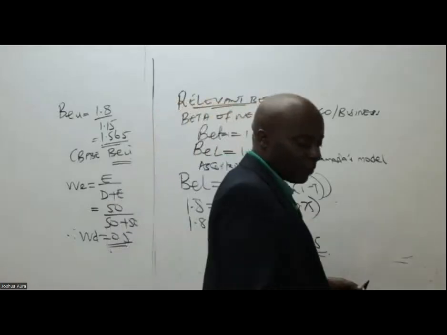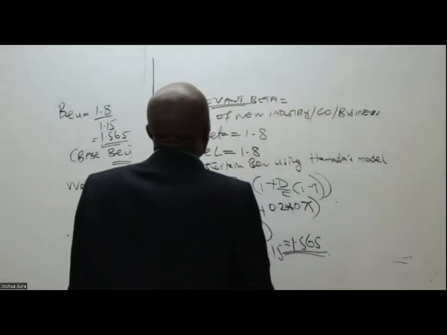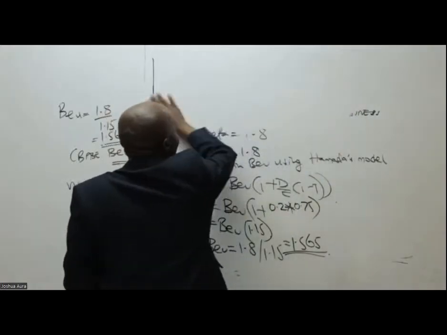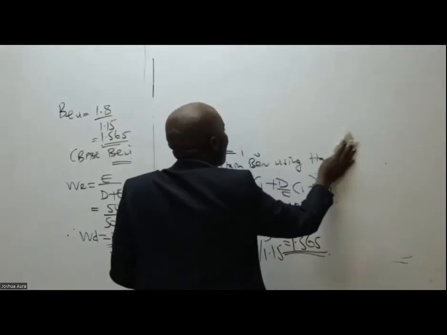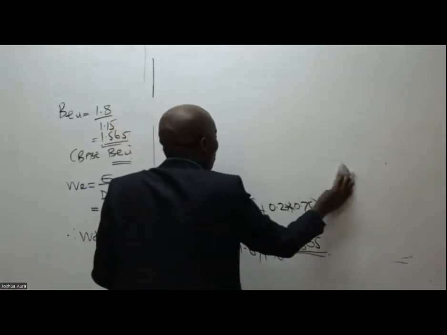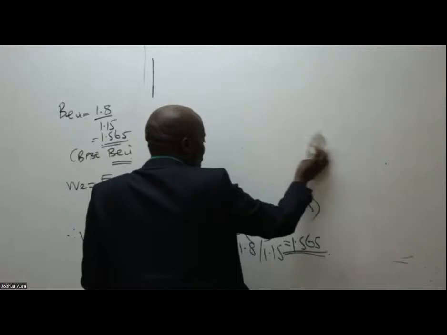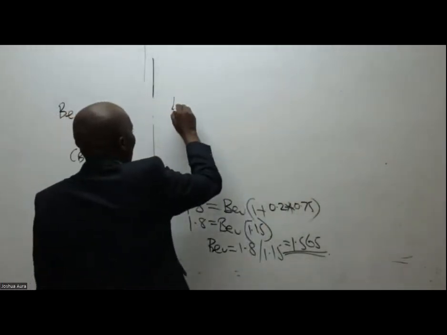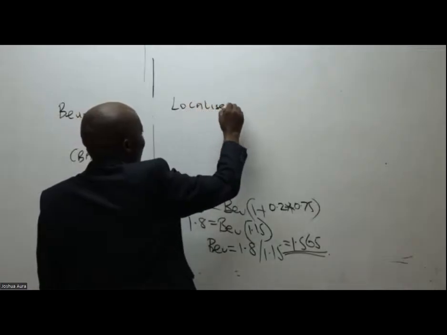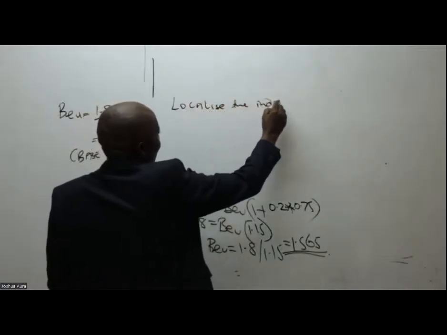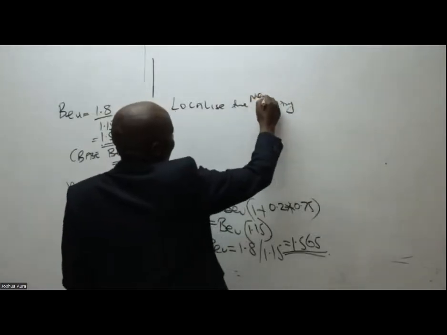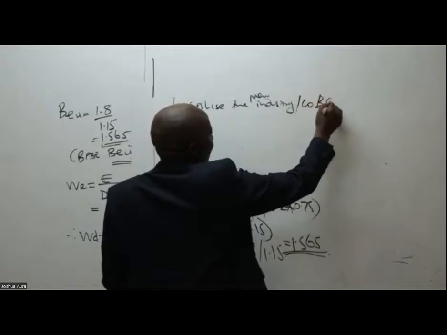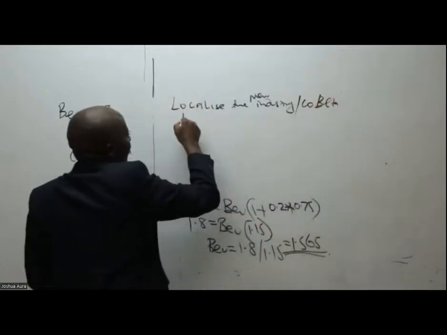Now from there, ladies and gentlemen, I know the next thing: using this base beta, I should be able to localize. So you localize the industry, new company or new business beta to the firm.